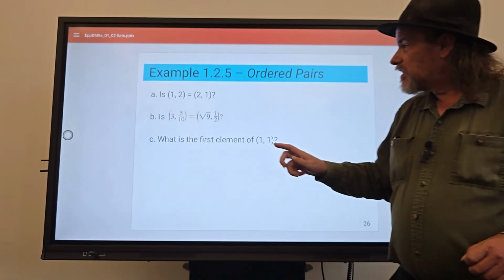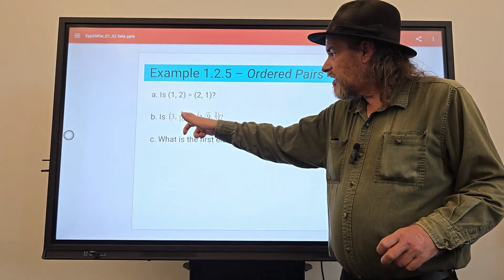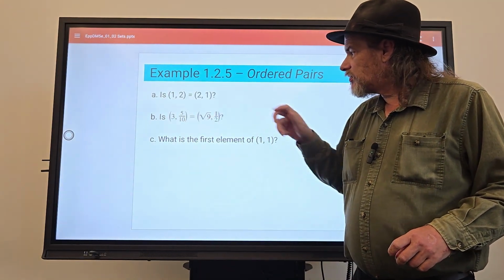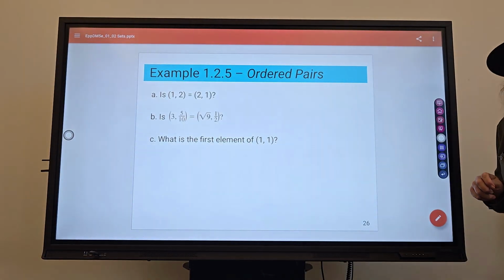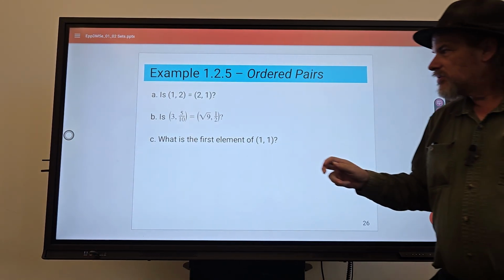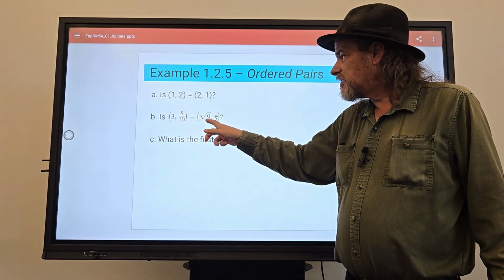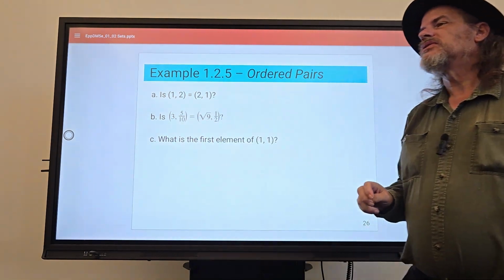Is (3, 5/10) equal to (square root of 9, 1/2)? Yes, because the elements evaluate to the same value.